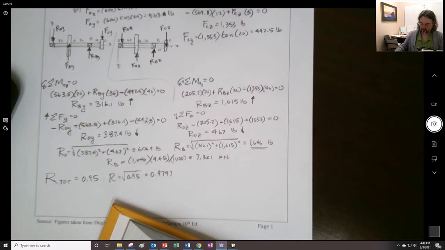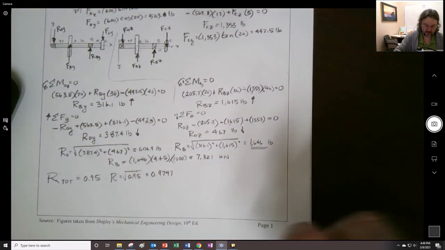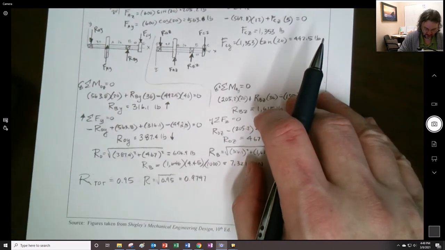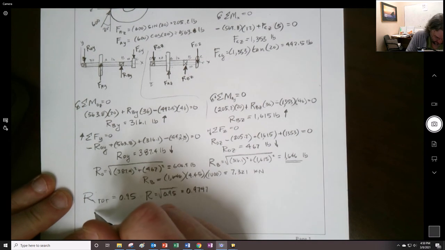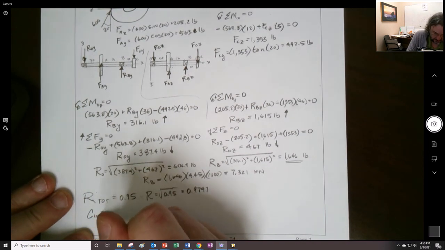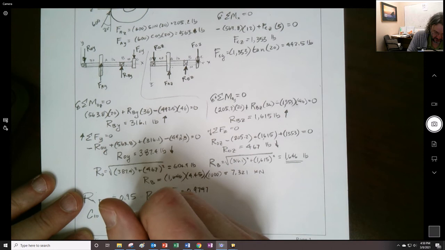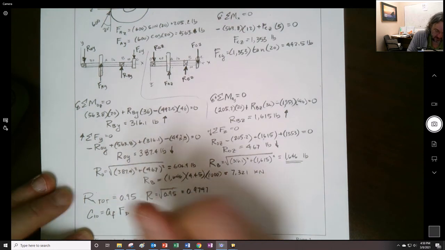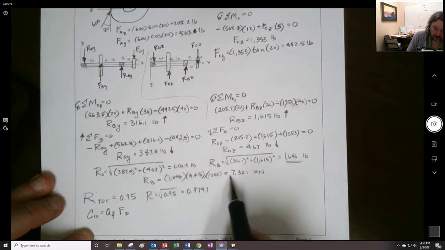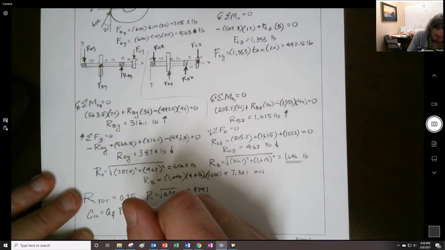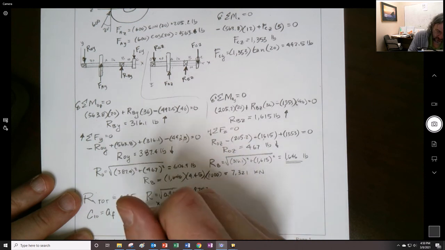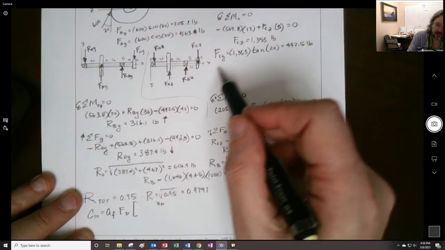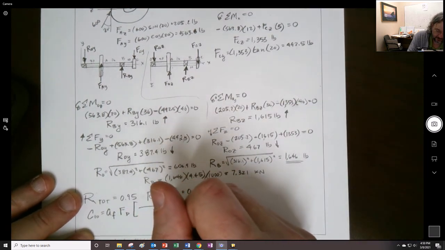And so let me write this out. Let's see if I can figure out a place to put the book on my lap. I'm writing out C10 is equal to AF times FD, and we just found FD right here, that's our desired, times XD, which I didn't calculate anywhere around here. I should have done it over to the side. I'll calculate the XD.